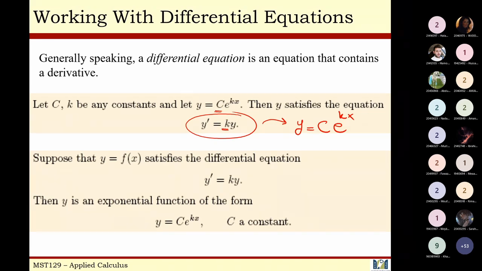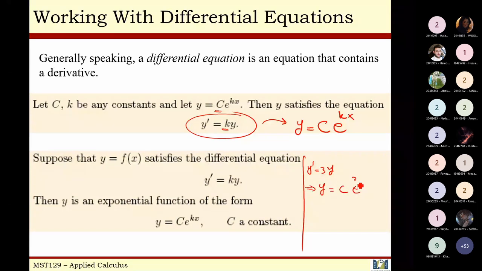Okay. For example, if we have y prime equal 3y, the solution is y equal C e to the power 3x. Another example, if we have y prime equal minus 5y, then y equal C e to the power minus 5x.